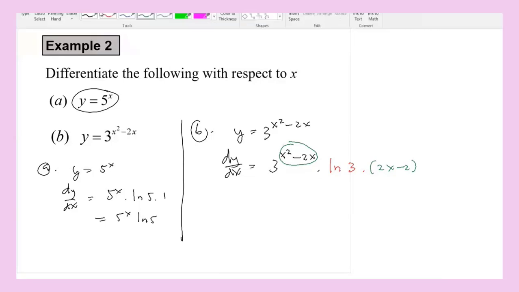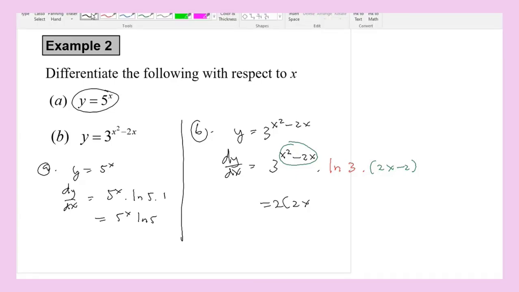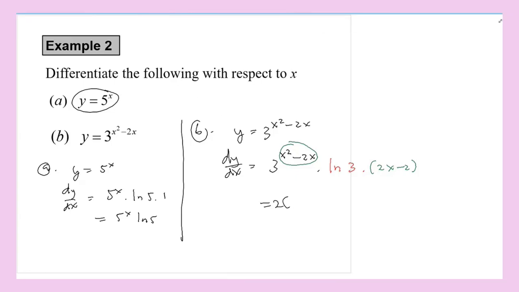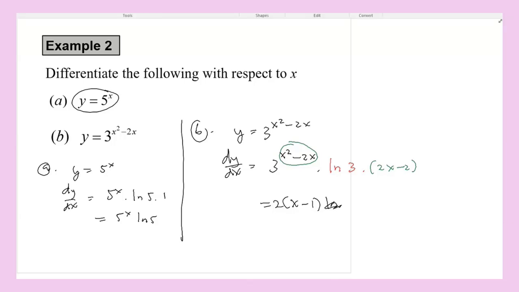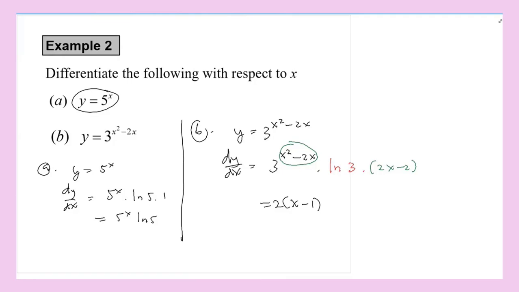So just rewrite lah, arrange lah 2x minus 2 atau buat cantik sikit. Nampak macam tak cantik kan? Ni buat ni dulu. Bagus, you write down 3 power x squared minus 2x, ln 3. Macam tu kan, bagus macam tu.